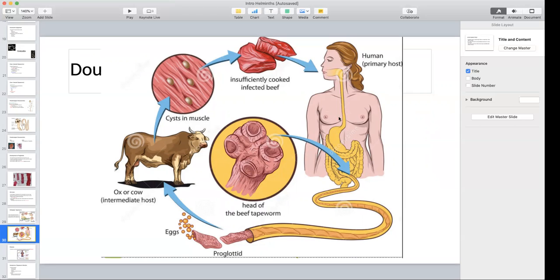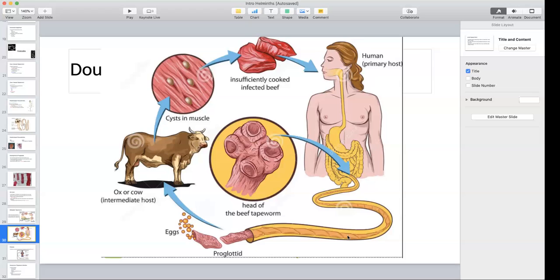All right, so the organisms are thriving. The human is the primary host, where when they eat this undercooked meat that's infected, you're ingesting organisms. The head of that tapeworm is going to facilitate attachment to the intestinal walls, and the tapeworm will start to thrive and grow.